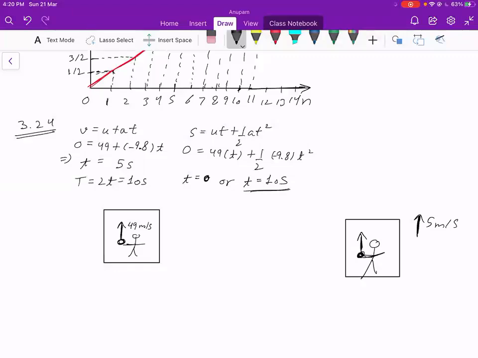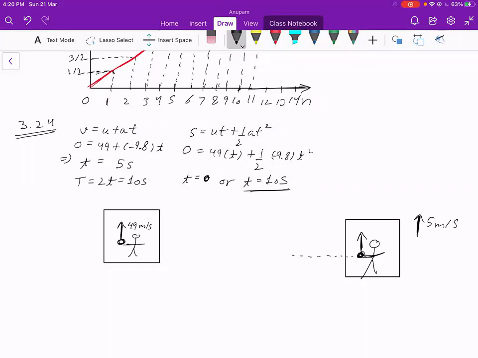Is there no other frame of reference you can think of apart from the boy or the lift? Is there something else you're missing? Ground reference. Yeah. 5 is the speed of the lift and the boy with respect to the ground. So if you add the two speeds, 5 and 49, that will be the speed of the ball with respect to the ground, isn't it? If you think about it this way, I'll call this 54, and then it has to come back at the same position with respect to the ground.